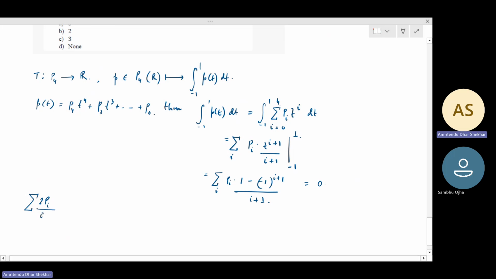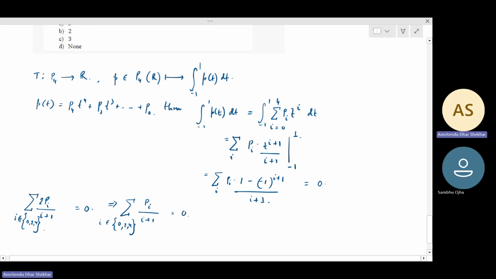So you get the sum over i from 0 to 4 of p_i/(i+1) equal to 0.